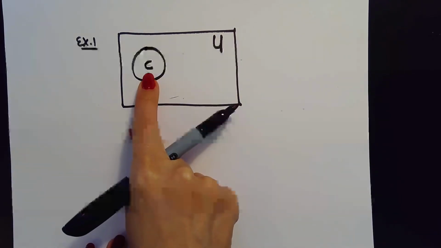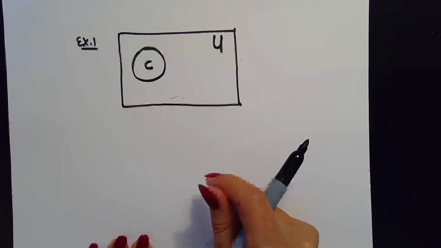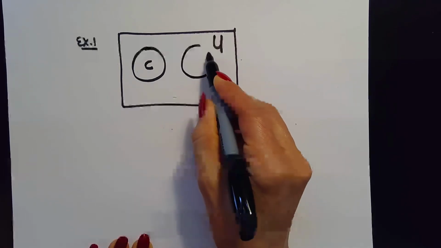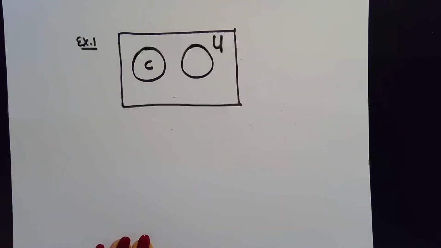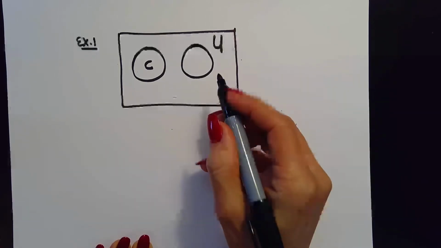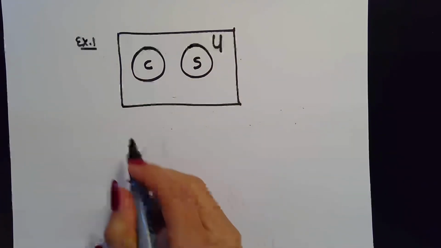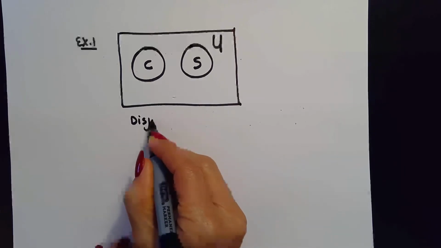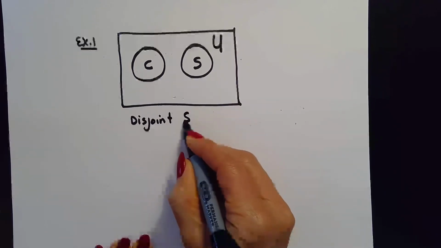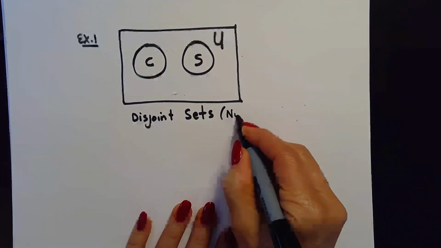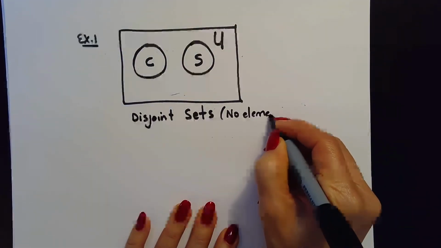These are those who are 12 or under. And then you have those regular customers that are 55 or over, and these are set S, right? Notice that they have to be separate. These are called disjoint sets, because they do not have elements in common. So no elements in common.